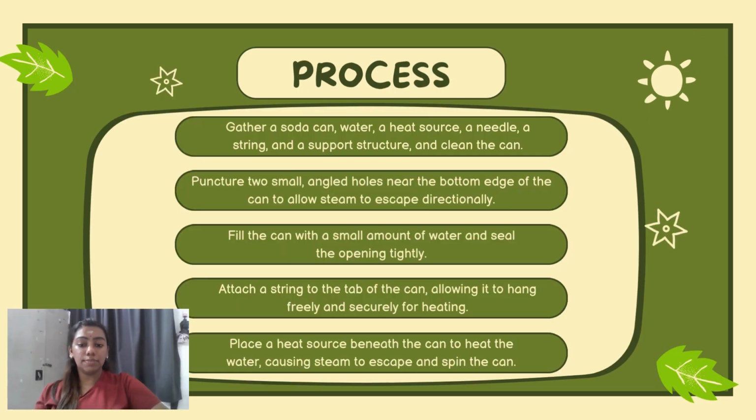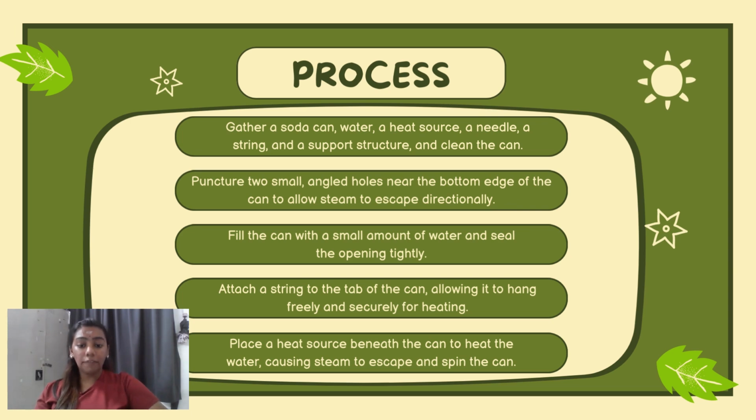Next, I'm going to explain the experiment process and the methodology. To construct our model, we gathered a soda can, a candle as a heat source, a needle and a string, and cardboard as our support structure. We made a hole near the bottom of the can and poured all of the soda out.